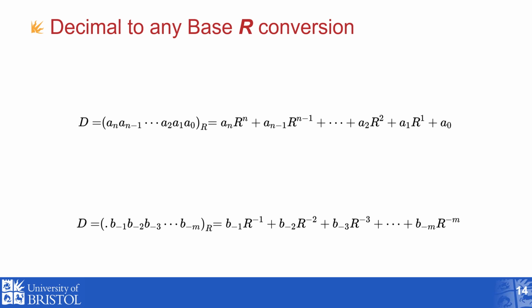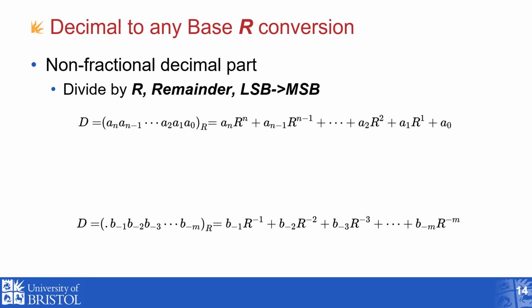Now, to generalize things, when we consider any base of conversion, for the non-fractional decimal part, remember that you always divide by r, you keep the remainder, and every bit that you find is from the least significant bit towards the most significant bit.